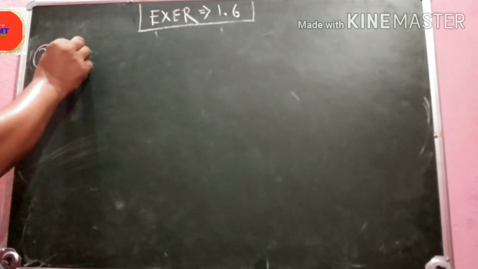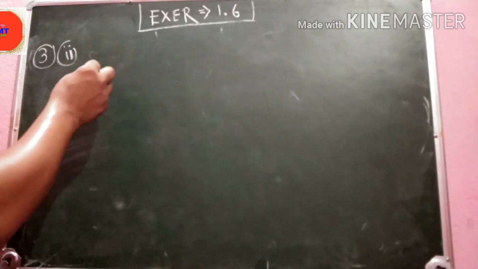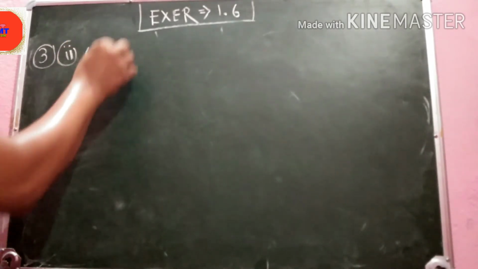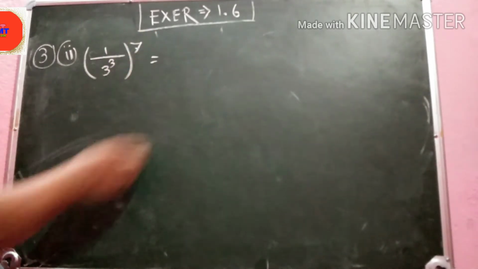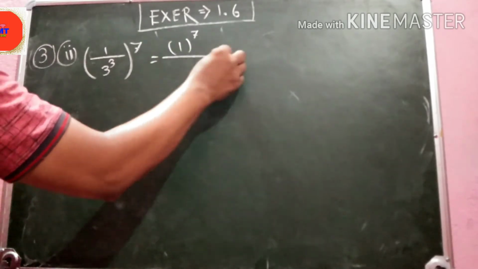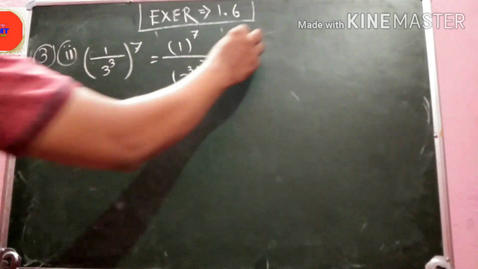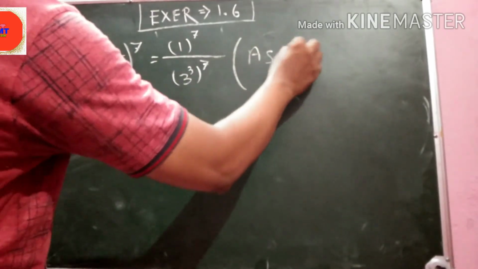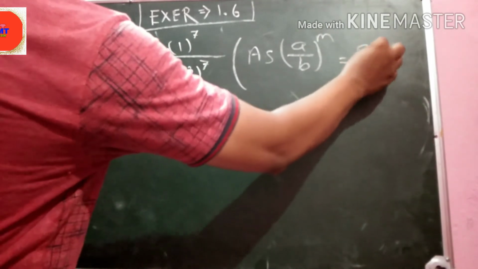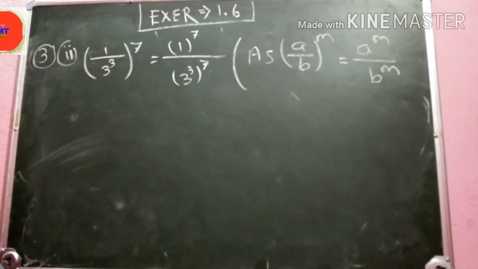Move to part (ii). Part (ii) states that we have to find the value of 1 by 3 to the power 3 whole to the power 7. Then it becomes 1 to the power 7 by 3 to the power 3 whole to the power 7, as a by b whole to the power m becomes a to the power m divided by b to the power m.